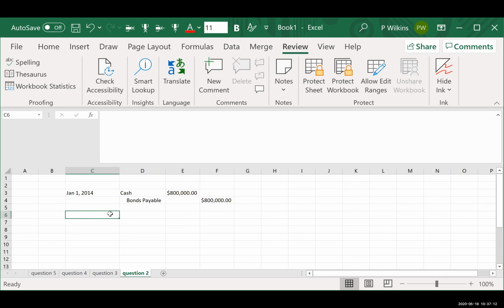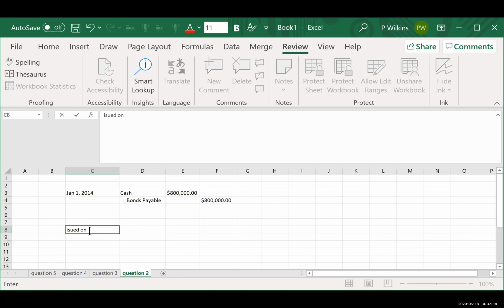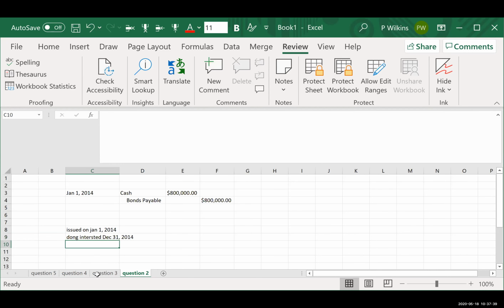So for this problem, the bonds were issued on January 1, 2014, right? And if they don't tell you when you're doing the interest, you assume you're doing them at the end of the year. So for this one, we are doing the interest on December 31, 2014. So that's going to be 12 months of interest.